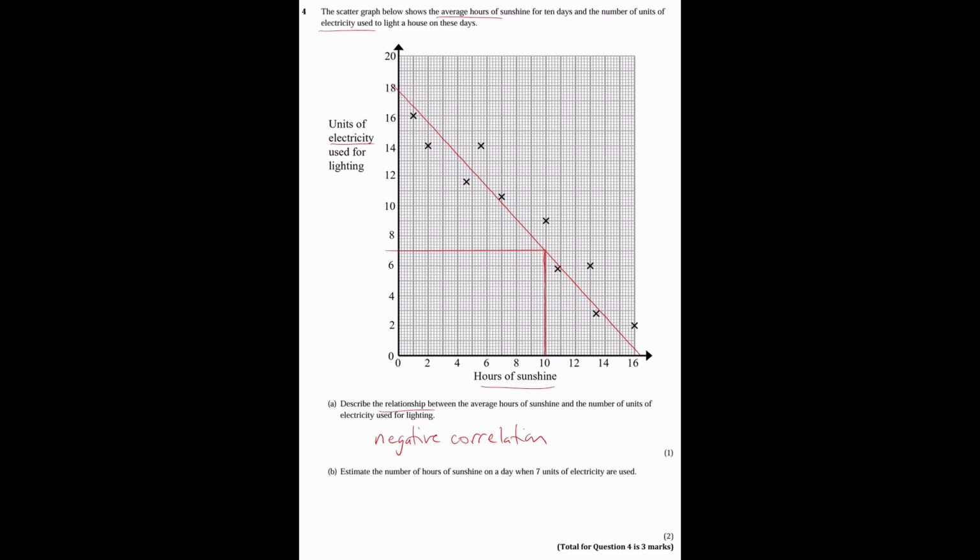So it's just under 10. Where that is intersecting just looks like it's just below, so 9.8.